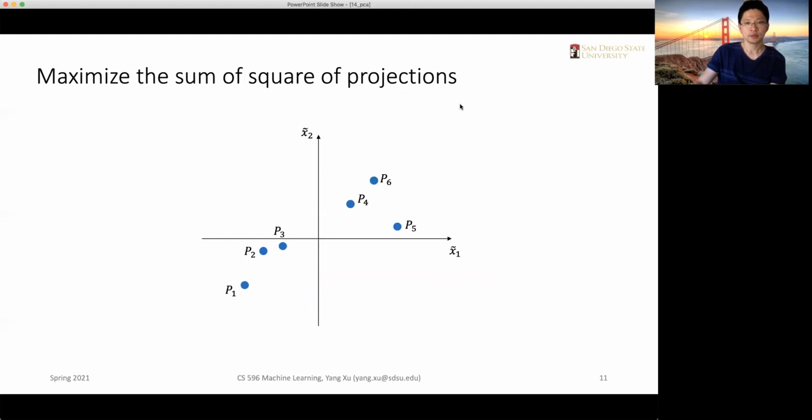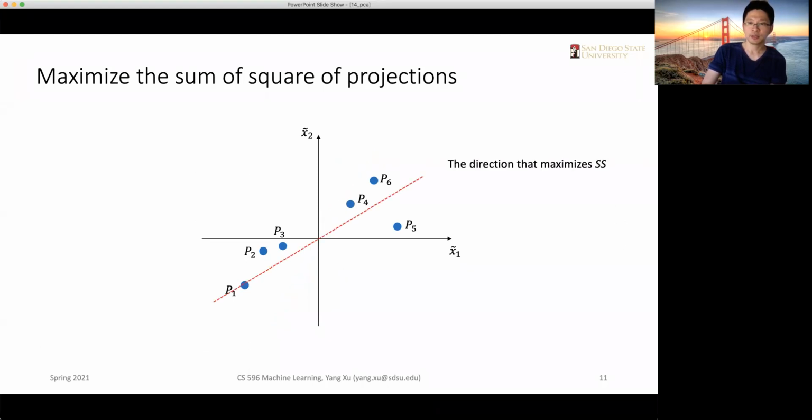So let's look at several different options. We can choose a candidate this way, or this way, or this way, right? With different angles, the projections will be different.